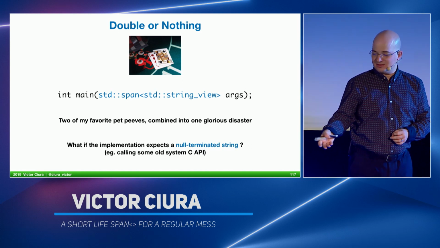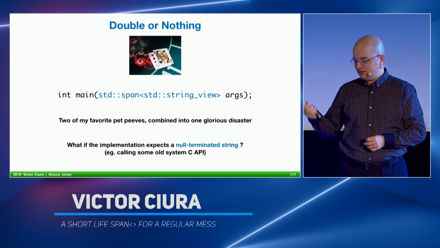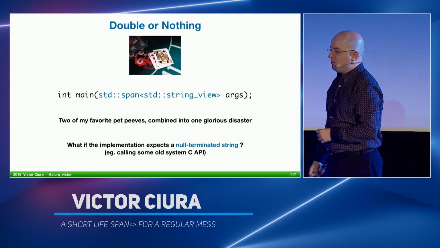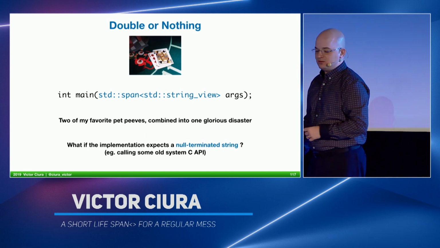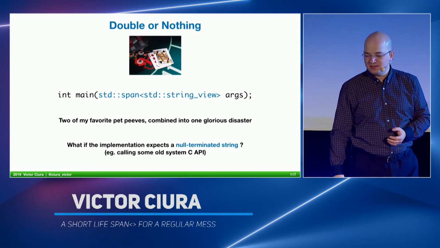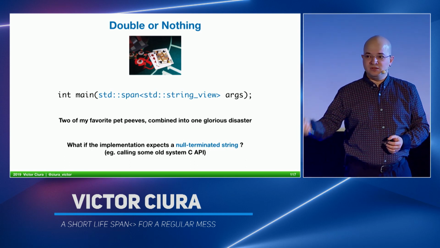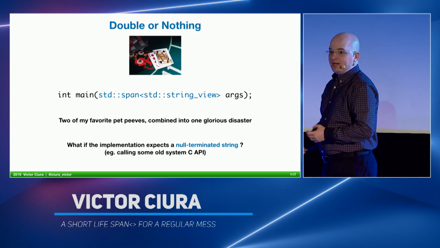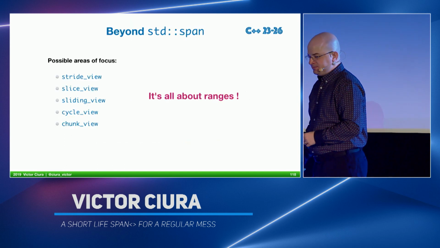It certainly is compact. But like most entry points, like main, you might expect some of those arguments to be passed to some POSIX function or some API that might expect a null terminated string. And mind you, string view is not a null terminated string. It might be, but it's not guaranteed to be.